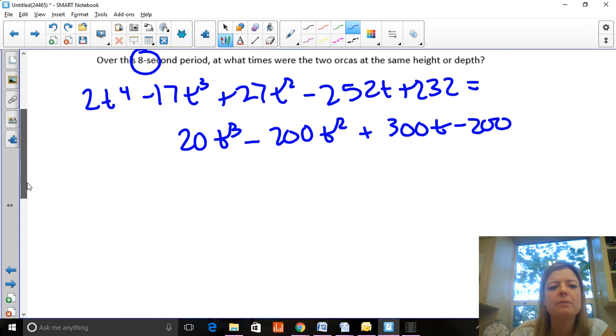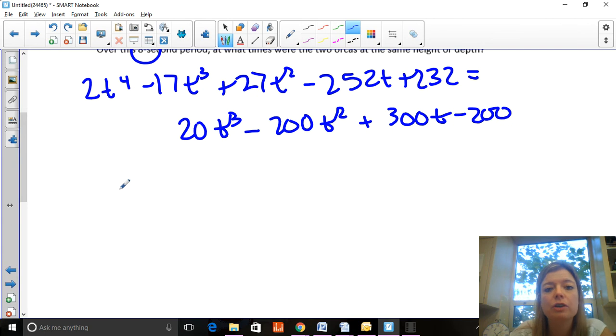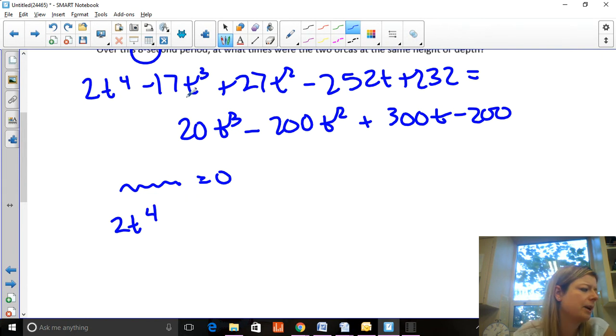So in order to solve something like this, you have to move everything over to one side, so you have some expression equaling 0. So I'm moving everything over. I still have 2t to the power 4, and then I have minus 17t squared minus the 20t squared when I move it over. So that gives me minus 37t to the power 3.